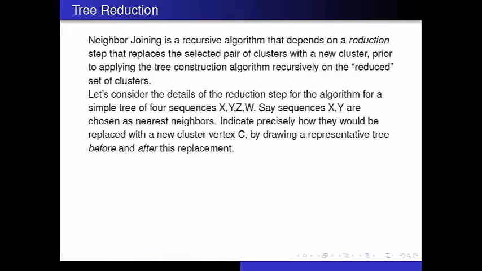So last time we talked in some detail about the tree reduction step for the ultrametric phylogeny construction algorithm, and I'd just like to very briefly touch upon the equivalent tree reduction step for neighbor joining.